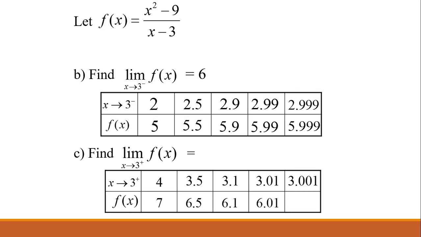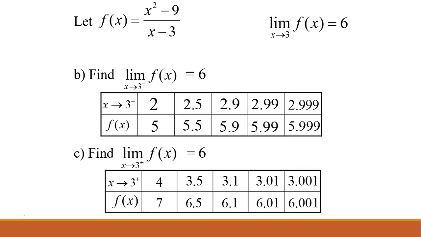And if we keep putting in values that are closer and closer to 3, the output values we're getting are very close to 6. So the limit as x approaches 3 from the right of our function is 6. And since the limit from the left and the limit from the right as we approach 3 are equal to each other, we can say that the limit of our function as x approaches 3 is equal to 6.